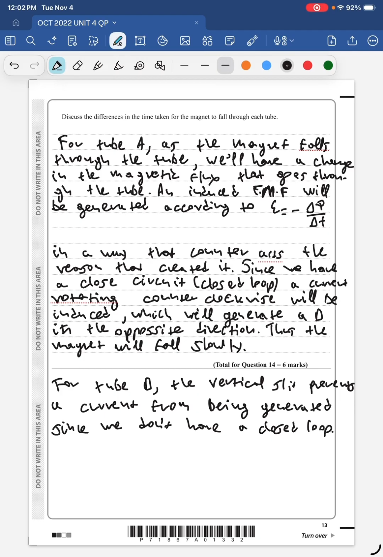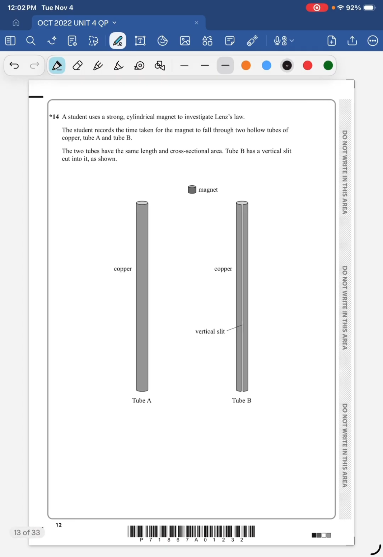So the magnet will fall through fast. I hope this makes sense.